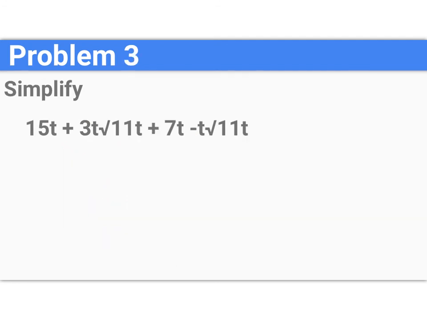Okay, let's see what we got. So we got the square root of 11t, the square root of 11t. This looks confusing, but remember our 15t and our 7t becomes 22t.